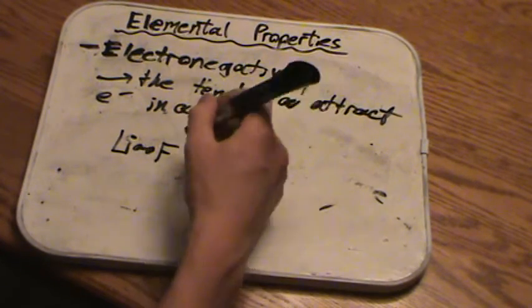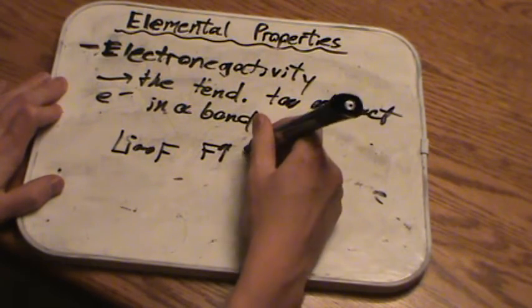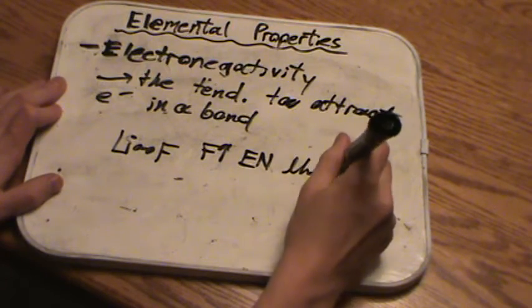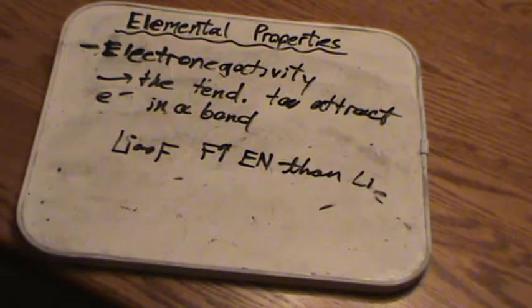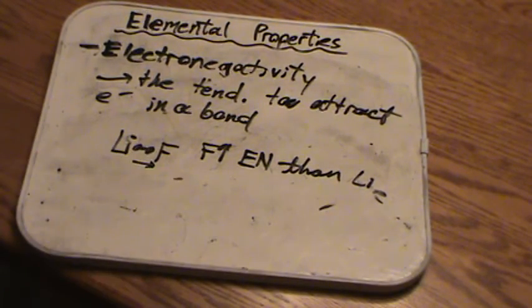Well, fluorine has a much higher electronegativity than lithium. And what this means is that fluorine will pull these electrons much, much closer to it. And this is why, in this example, it will take them completely. It will become a negative charge. It will take the negative charge from the lithium. Lithium will become a positive charge.